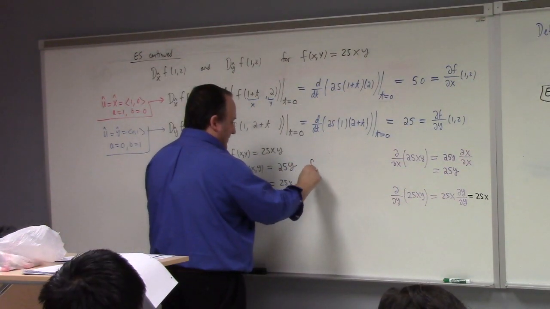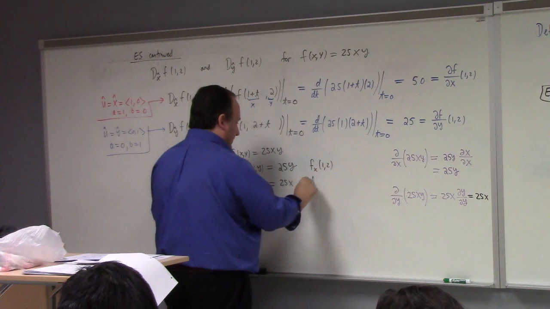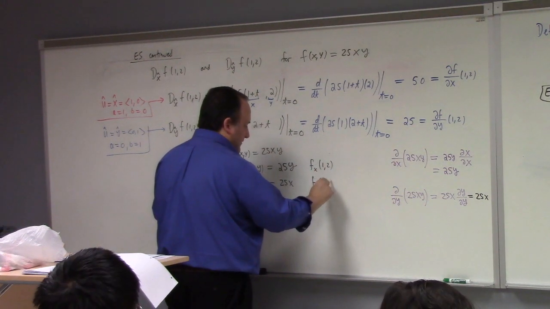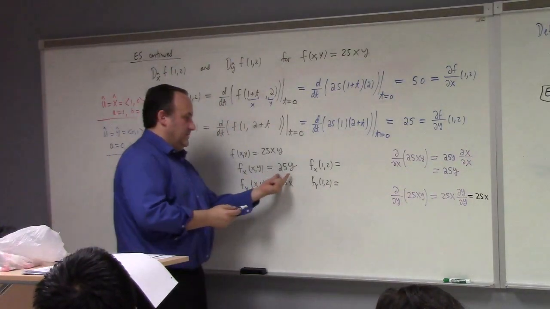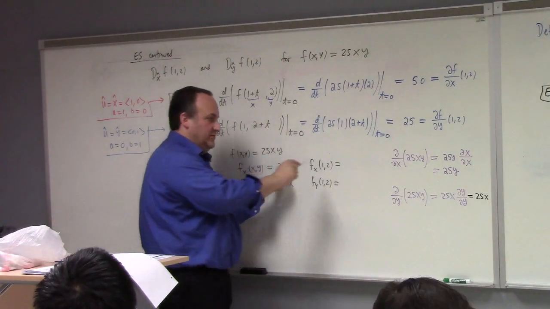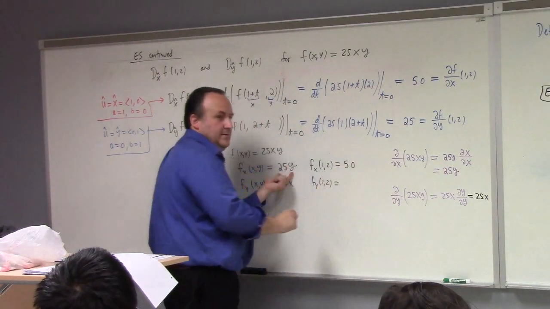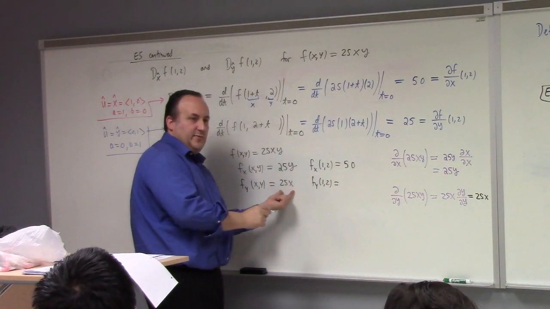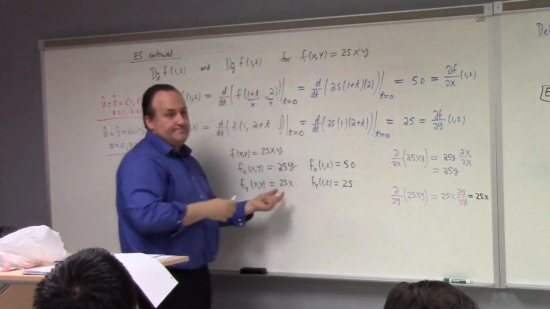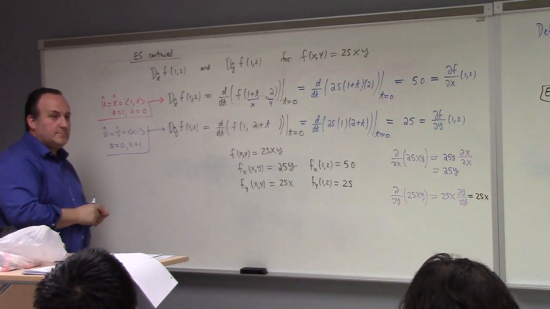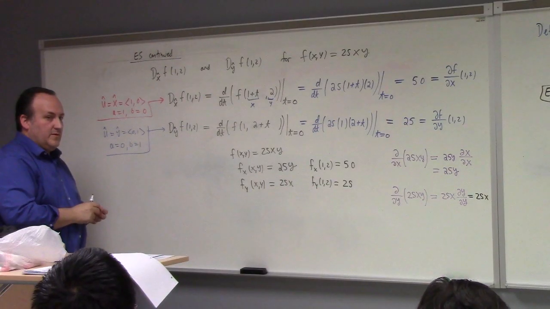So f sub x at the point 1, 2 and f sub y at the point 1, 2, what are those equal to? 25 times 2, which is 50, and 25 times 1, which is 25, right? Which is what we worked out up here.